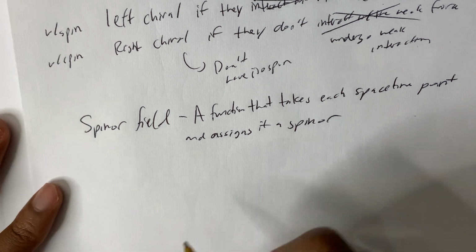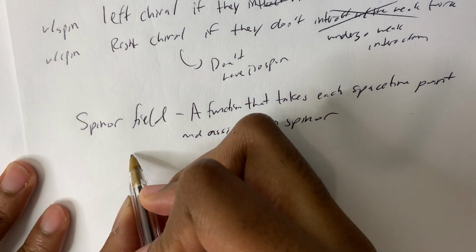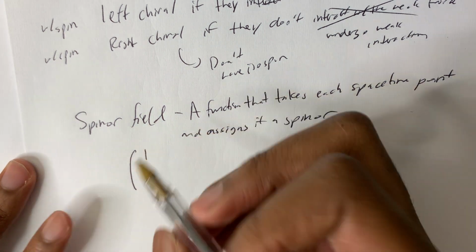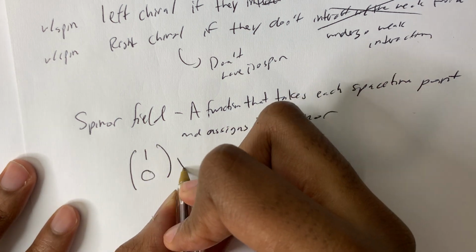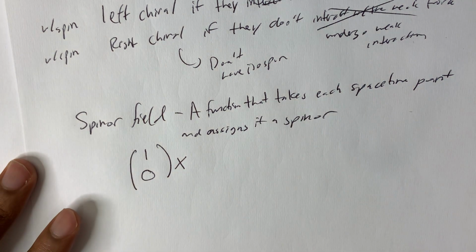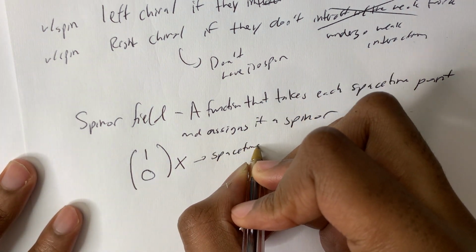For example, here's some spinor field, say (1, 0) times x, where x is some space-time point.